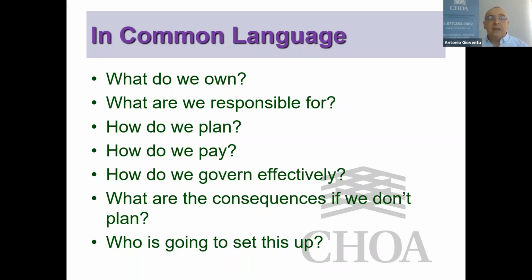How do we plan? Here's the big $1 million question, and who's going to set this up and how do we plan is really the bigger question, because everybody looks at everyone else, well, who's going to do this? You need to either designate someone within your Strata Council. Every building will have a champion, somebody who's a retired engineer or an architect or someone in the construction industry. Even if they're not on council, ask them if they'll help you set up an operations plan.